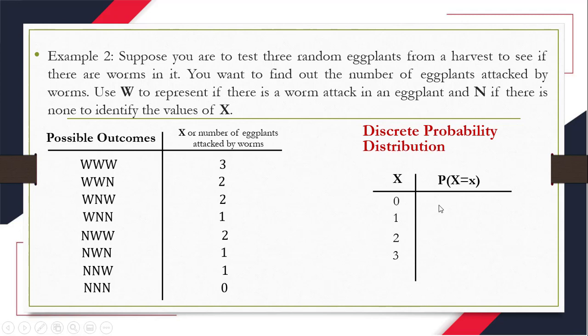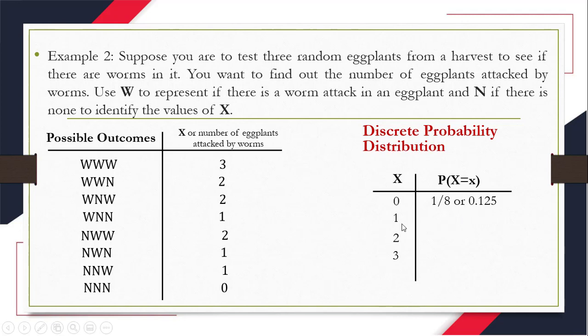Now, the corresponding probabilities for each value of X, let us start with 0. What is the probability if X is equal to 0? We only need to count how many zeros are here. We only have 1 out of 8, so the probability is 1 over 8, or 0.125.